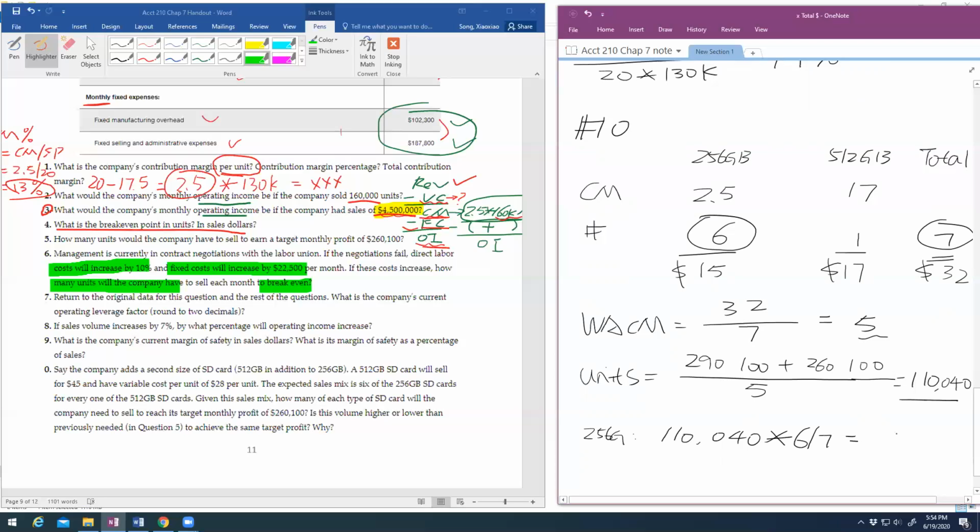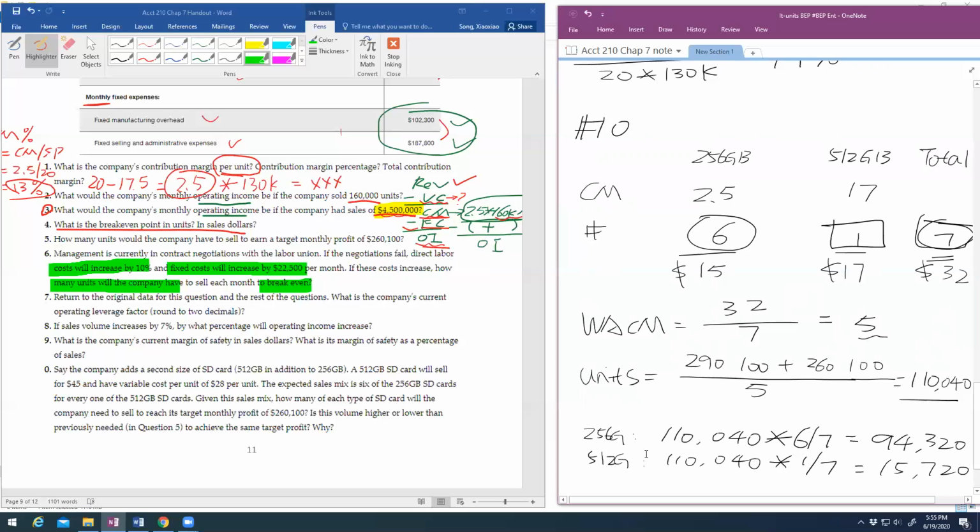The total unit has to be 94,320 units. For the 512 gigabyte, your total basket is this much, but it only counts as 1/7. So it will be just 15,720.